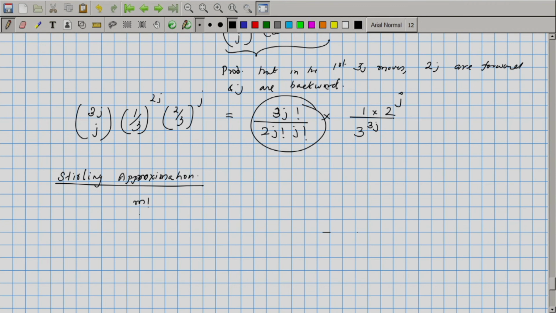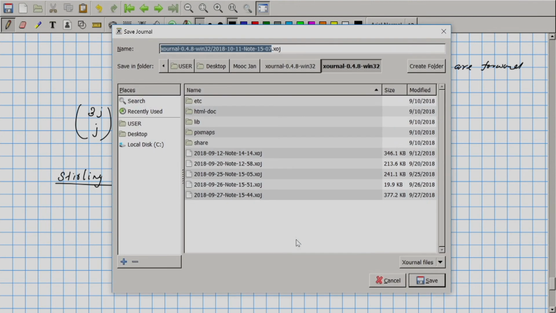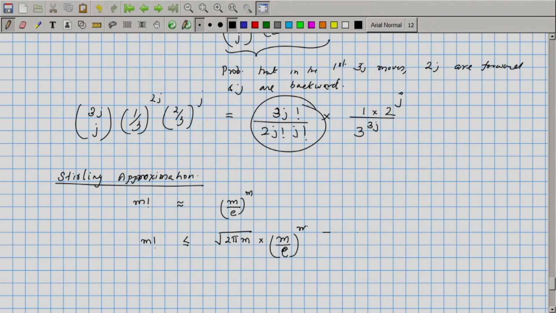So, m factorial is approximately (m/e)^m, but we can get a slightly better bound. You can say that m factorial is less than root 2 pi m times (m/e)^m times 2, and it is greater than root 2 pi m times (m/e)^m.